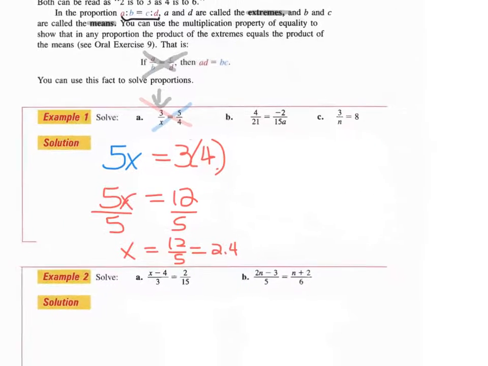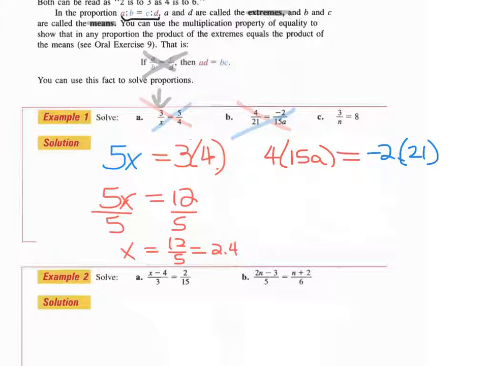But I'm okay with you leaving it improper. For part B, again, we're going to multiply the cross products. So first we'll do 4 times 15a. So on this side, it's 4 times 15a, and this product is going to be negative 2 times 21.